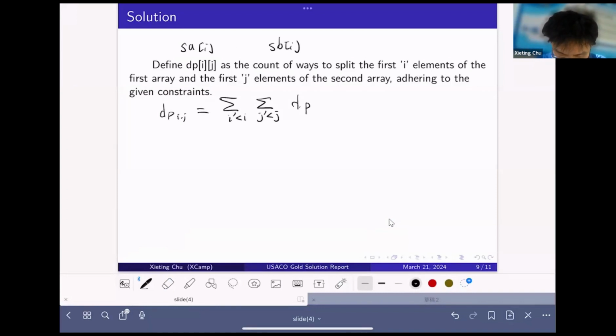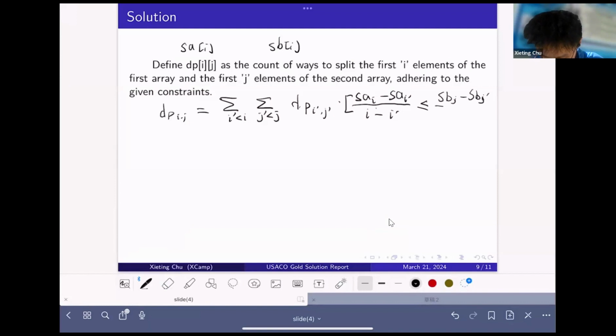And it can transition from DP[i prime][j prime] with the condition that (SA[i] minus SA[i prime]) over (i minus i prime) is less than or equal to (SB[j] minus SB[j prime]) over (j minus j prime).